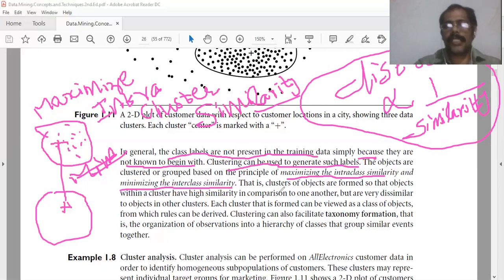So the clusters of objects are formed so that objects within a cluster have high similarity in comparison to one another, but are very dissimilar to objects in other clusters.